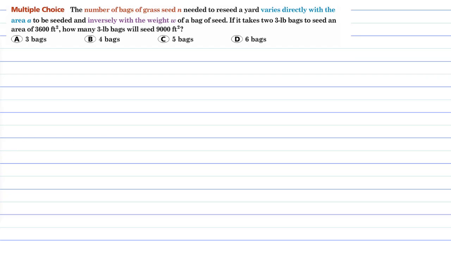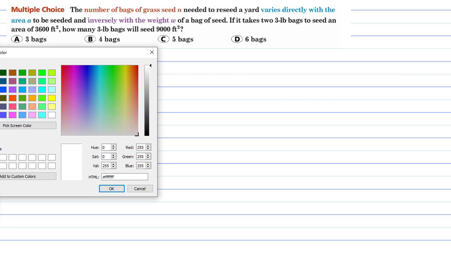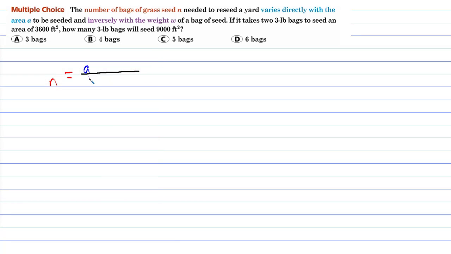If we want to look for the number of bags of seed needed to reseed a yard, it varies directly with the area, as that means it's up here in the numerator, and inversely with the weight, and then we're going to have our K, because it's a variation.